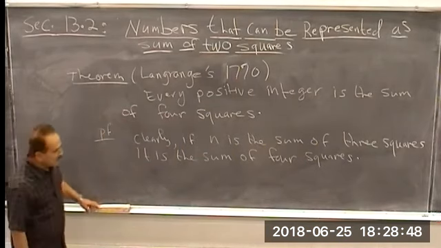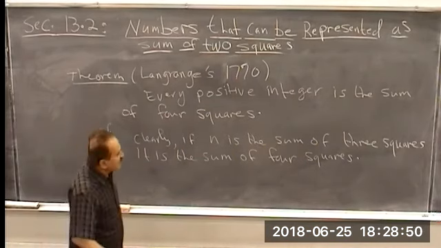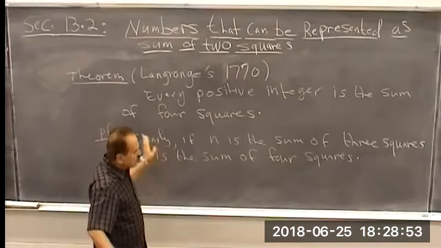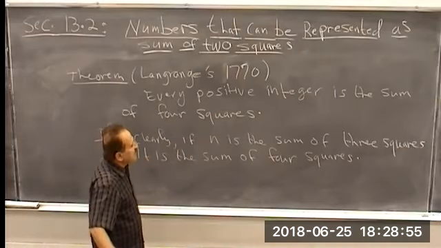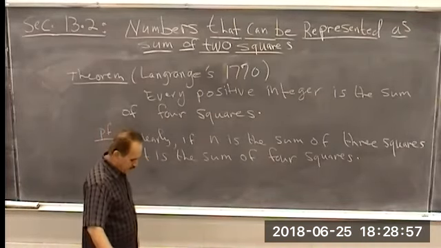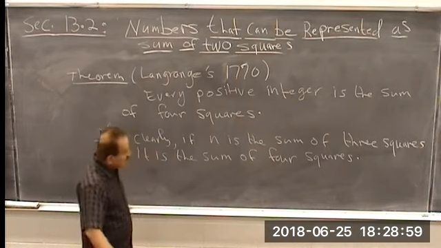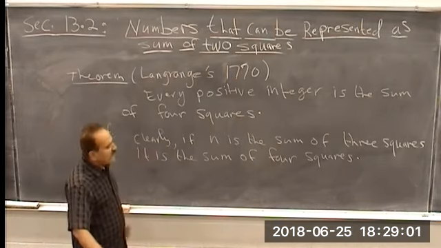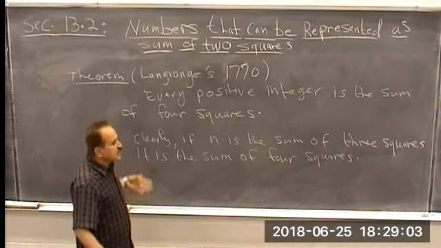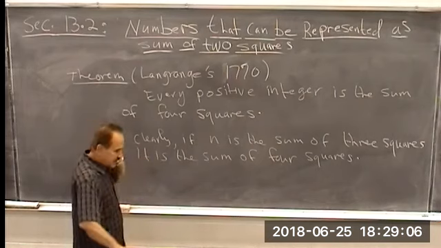That's kind of cheating, but it's there. Now, we haven't talked about uniqueness and how many different ways you can represent a number as a sum of two squares or three squares. That's another subject in itself.